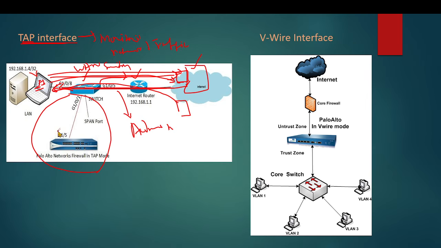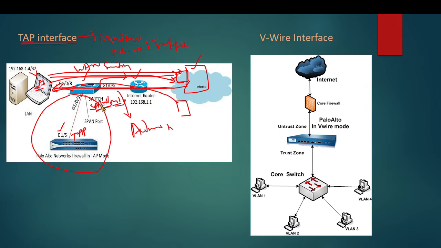Let's assume Ethernet 1/5 is the interface that we are configuring as a tap, and the interface on the switch that we connect to is configured as a SPAN. SPAN we can also call a mirror.